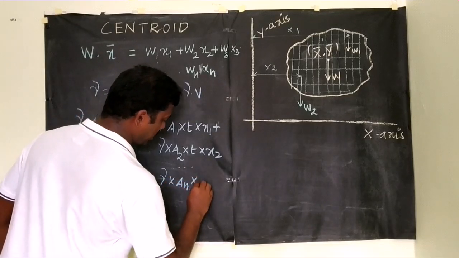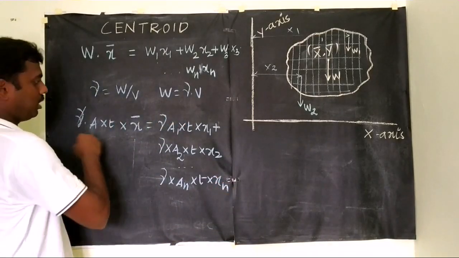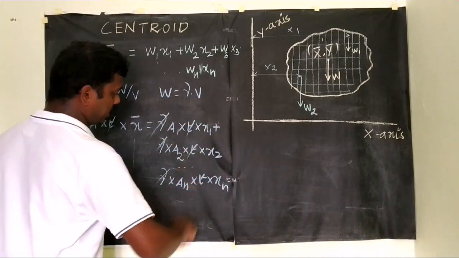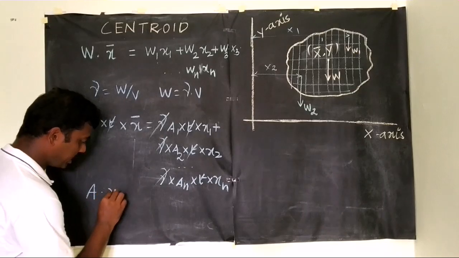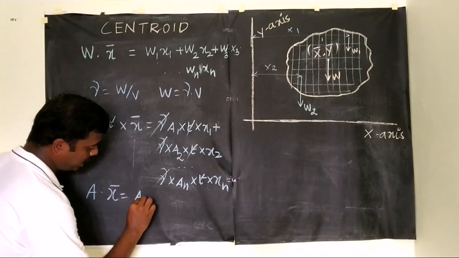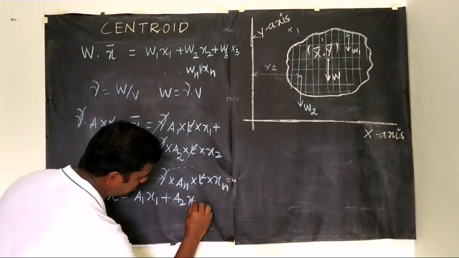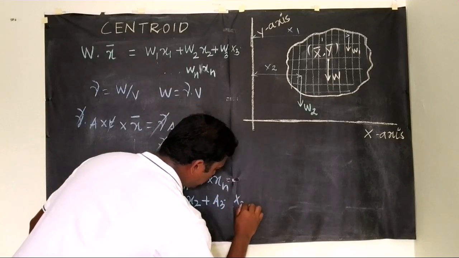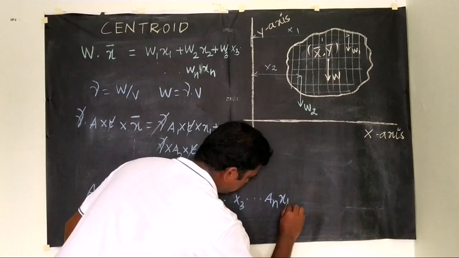AN into T into Xn. Here gamma will be cancelled. Then thickness will be cancelled. The remaining terms will be A into X bar equal to A1 X1 plus A2 X2 plus A3 X3 up to AN Xn.